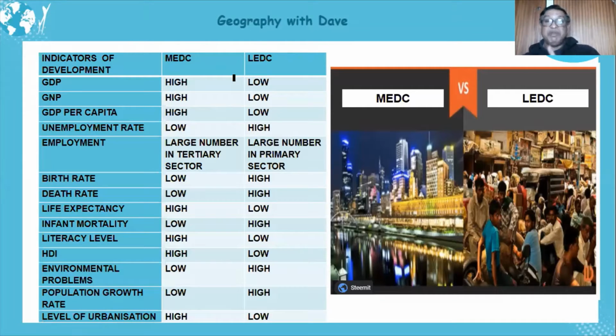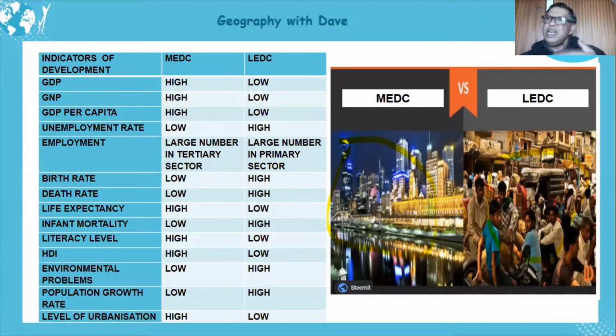You can see the two worlds here. This is MEDC, highly industrialized, developed, tertiary activities. Can you see the different infrastructure, the buildings? It's very different. There are two very different worlds, the MEDC versus the LEDC.